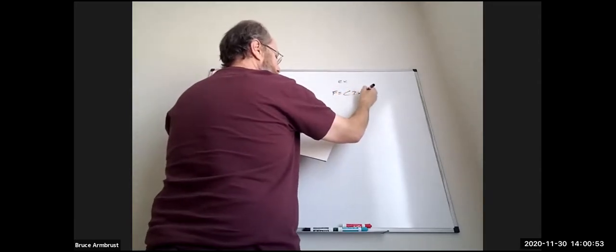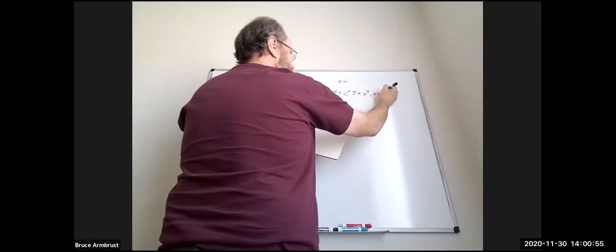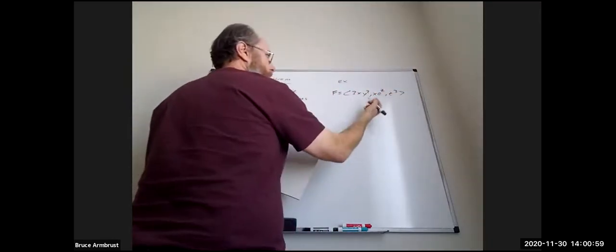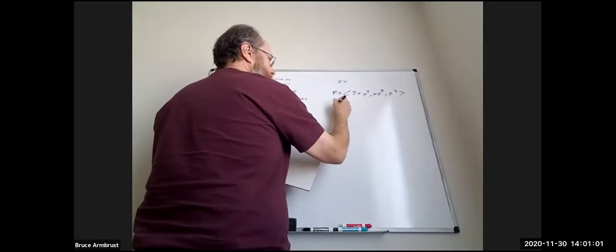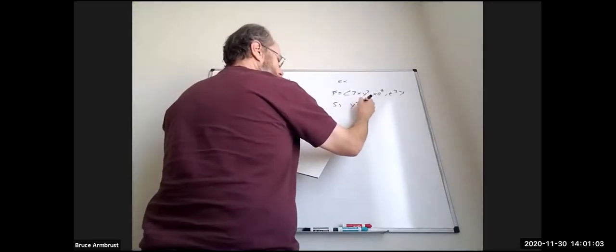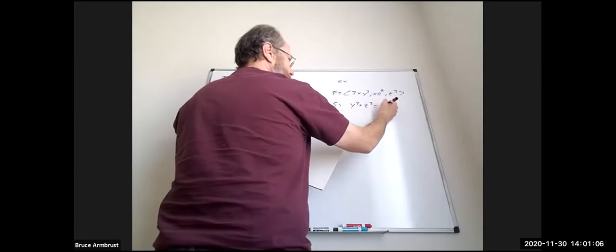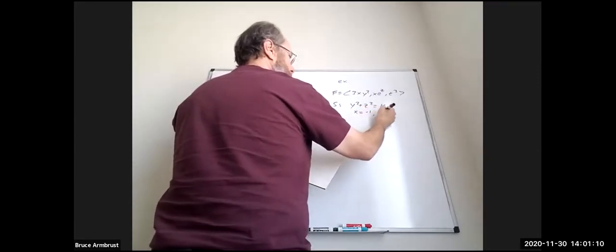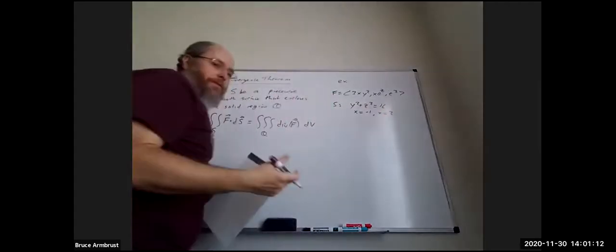All right, so here was that field from that homework problem. We were given 3xy squared, x e to the z, z cubed. And again, the surface was y squared plus z squared equals 16. It was that cylinder with a top and bottom of x equals -1 and x equals 3.